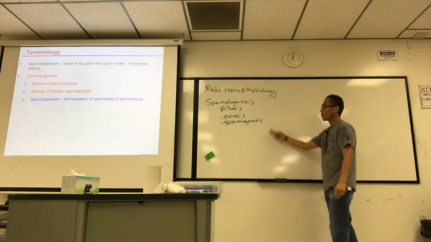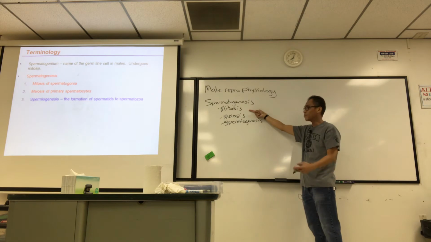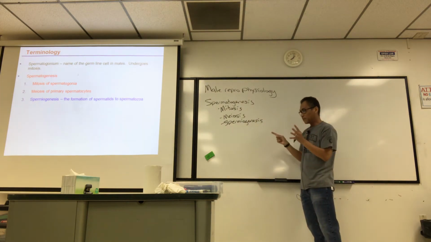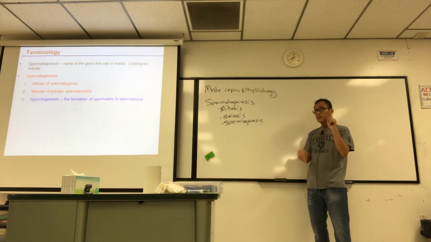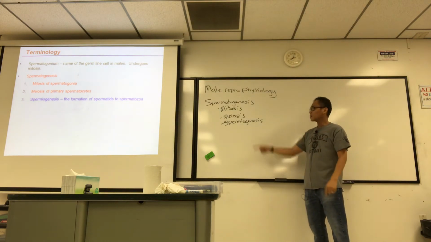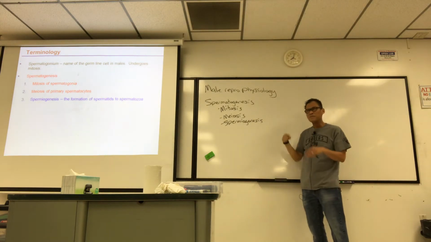The first two in red, those happen in the female, in oogenesis. There's mitosis. It happens before birth. Then, I said it twice now, at the 7th month of pregnancy, follicles form, and it stops. Not for males. As long as you have mitosis of the cells that become sperm, a male can be fertile all the way into their 70s. But in females, it stops when you get that follicle development.